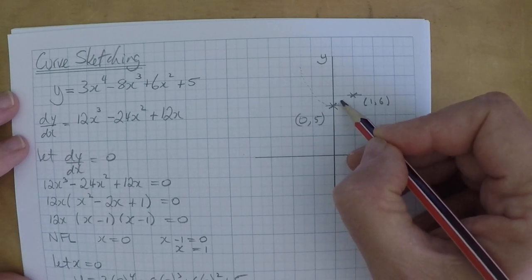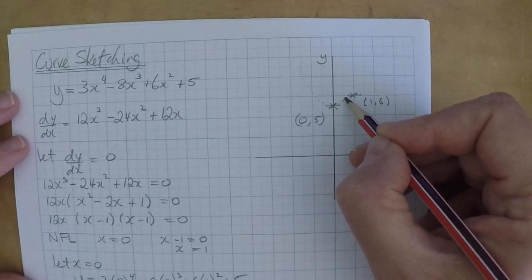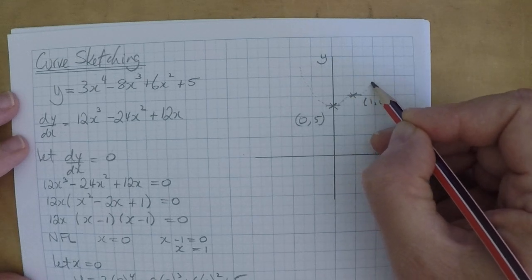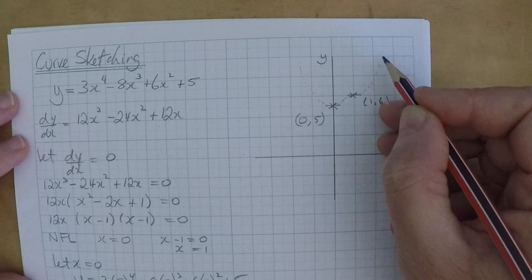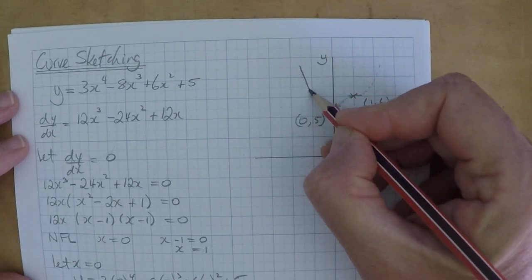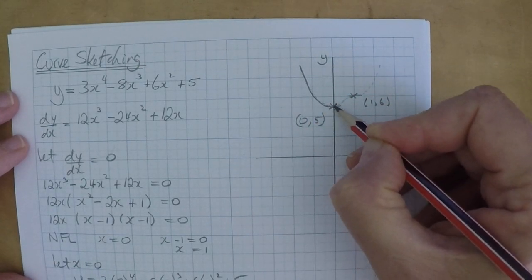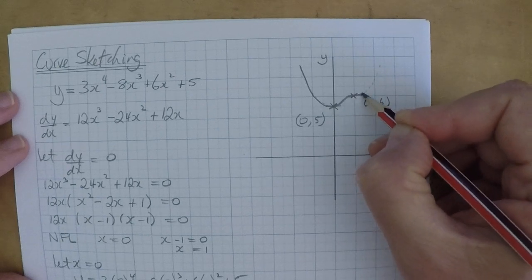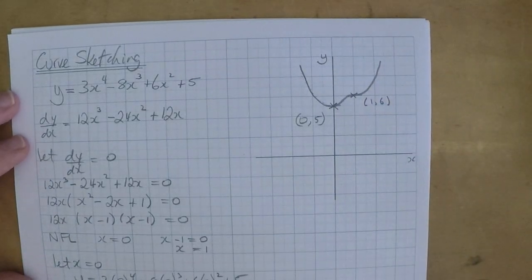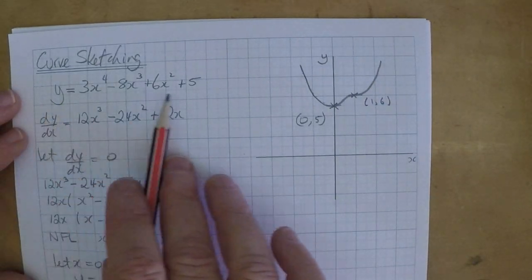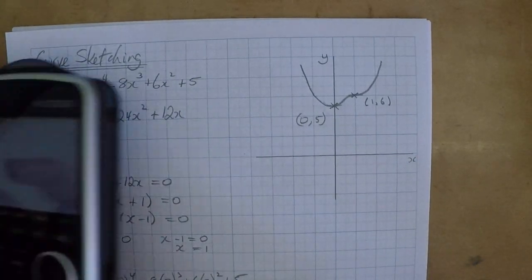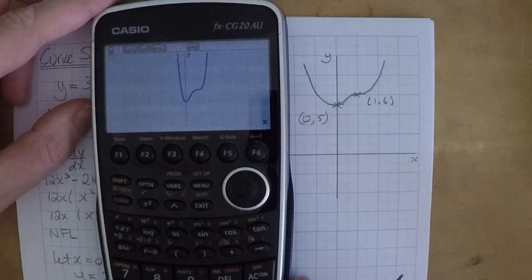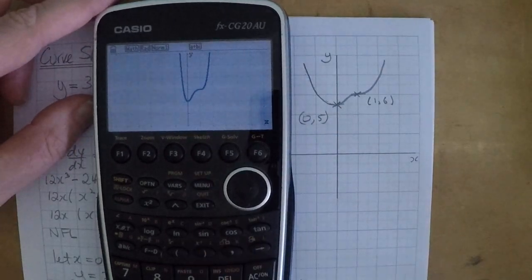So it's not a max, so it's going up to this point and then it continues to go up. Now that I've got a rough idea, I'll sketch that in. And that's my sketch of this polynomial, marking the 2 stationary points. And if I check on my graphics calculator, it's pretty much the same.